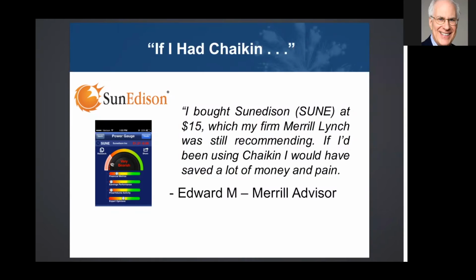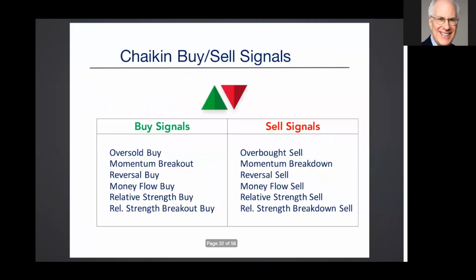He said, if I had only had Chaikin, I would not have continued to buy SunEdison on the way down at 15 because my firm Merrill Lynch was still recommending the stock. I'd have avoided it and saved a lot of money and pain for both myself and my clients. So this is the value of having a discipline.